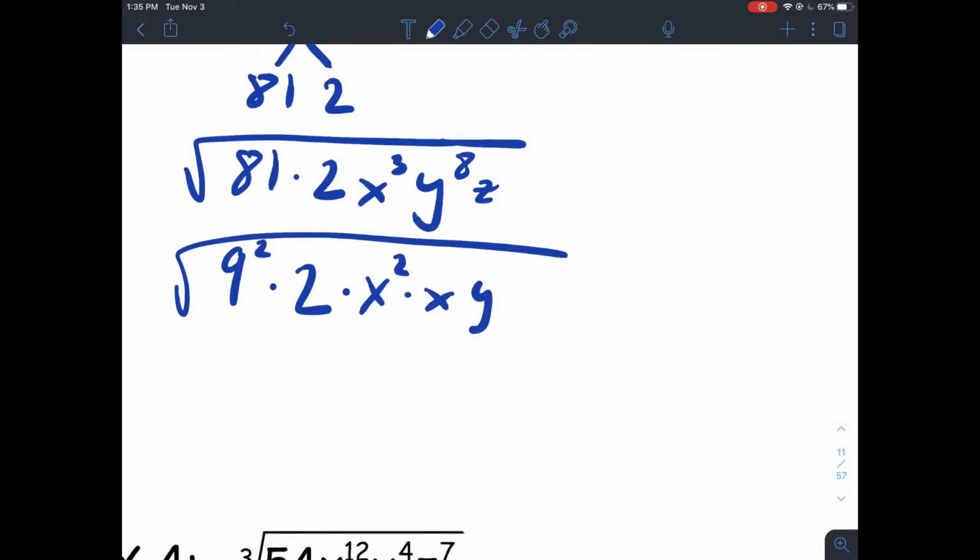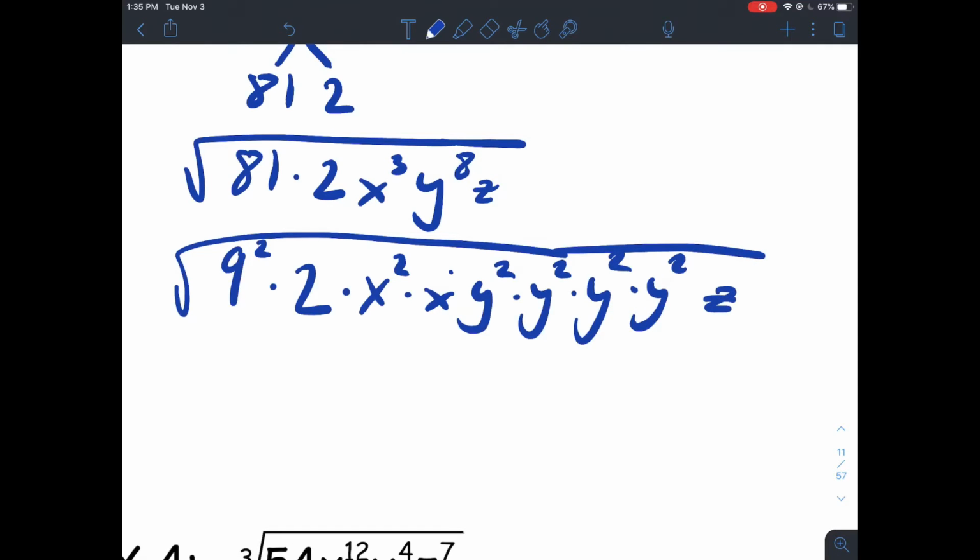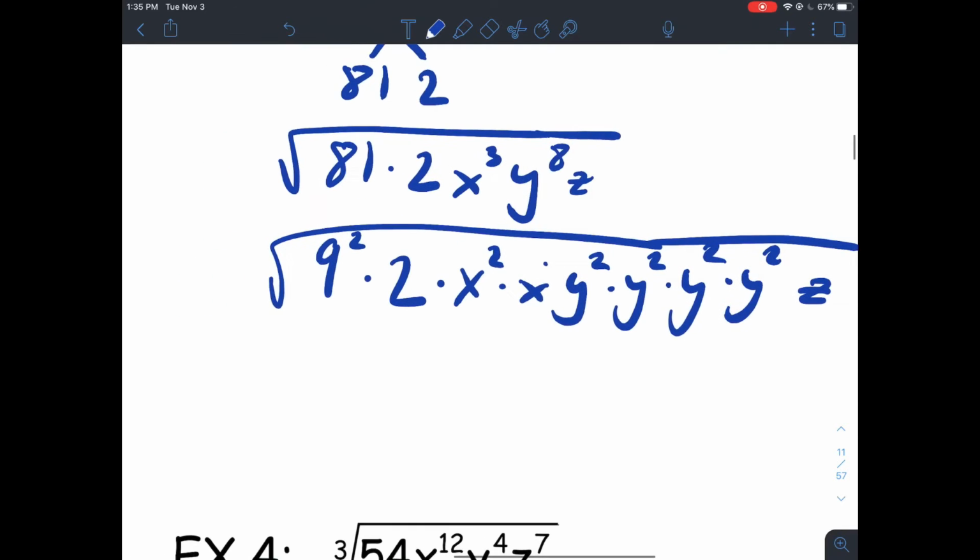Our y could be written as y squared, y squared, y squared, y squared, and our z is there. So again, we can take everything out that is squared, so we could take this 9 out, and the square just becomes regular, so we just get a 9. Keep in mind the 2 needs to stay on the inside. I can bring the x out, this x squared out.